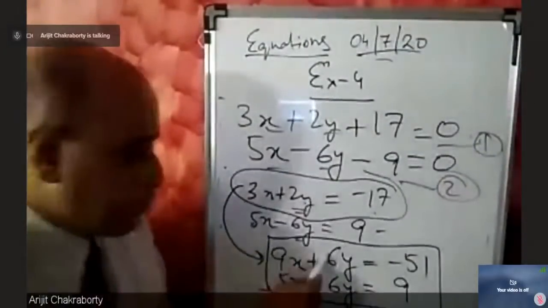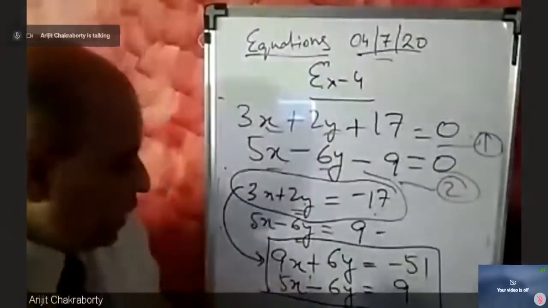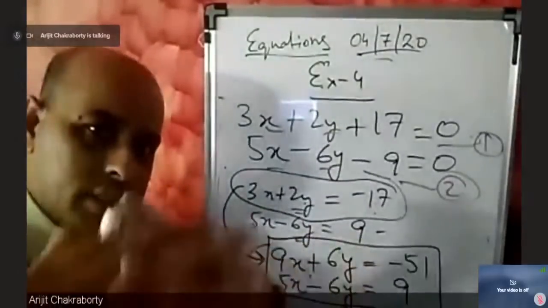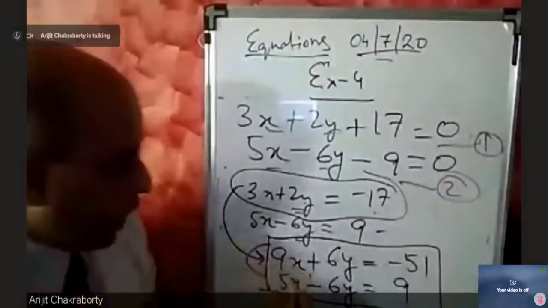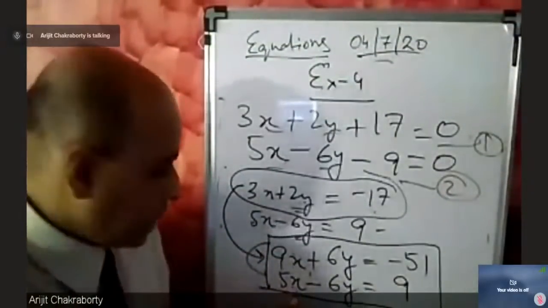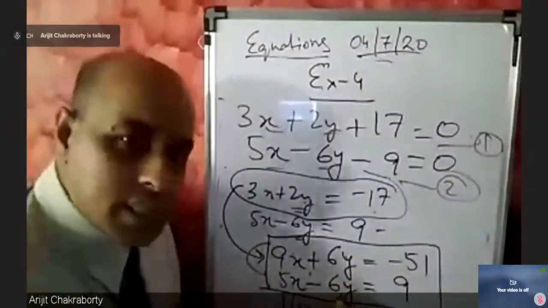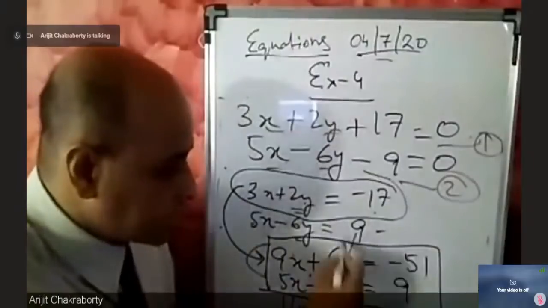So we have plus 6y and minus 6y. We just add up these two. If you add it up, 9x plus 5x gives us 14x. And 6y plus minus 6y is eliminated.